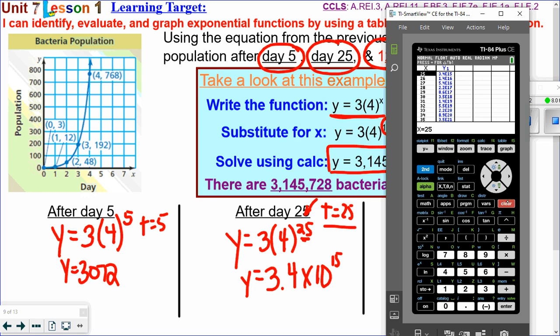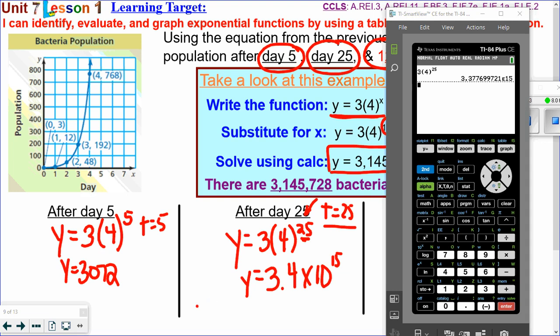Let's clear this graph. Just go 3 times 4 to the 25th day, and you press enter, and that's basically what you get. If you do it on the graphing way, it rounds it.